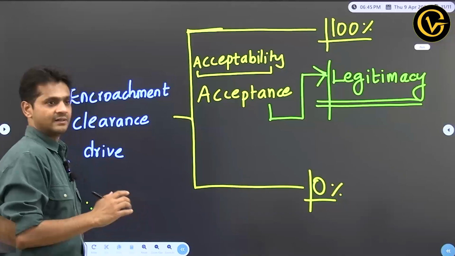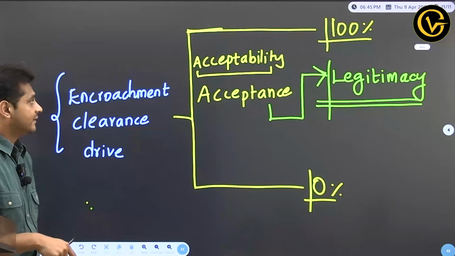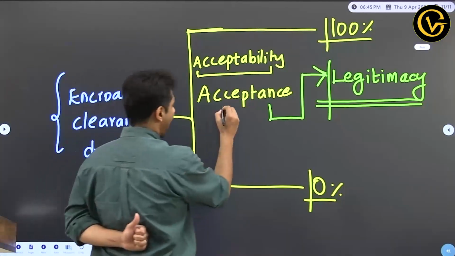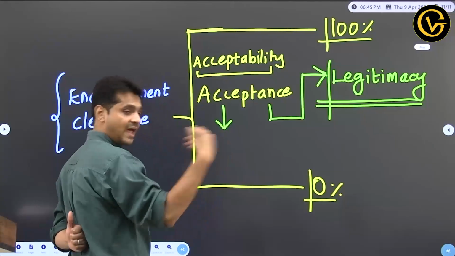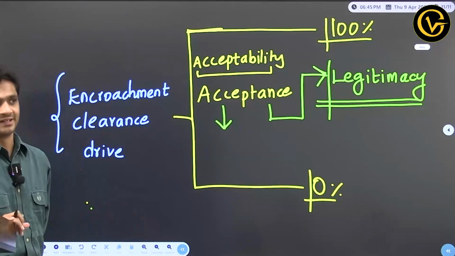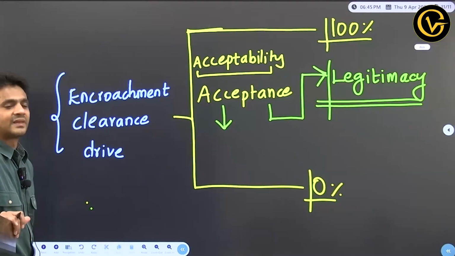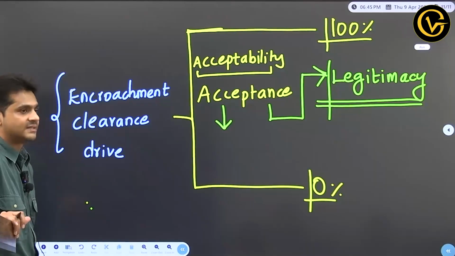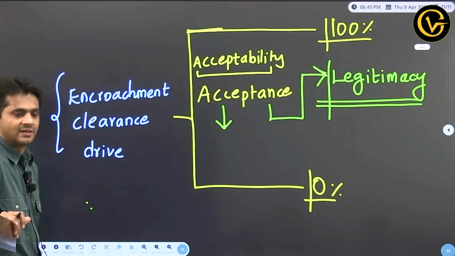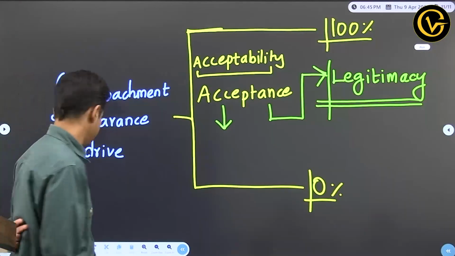Legitimacy means it's not just authority. The authority also has acceptance, meaning people are happy with the authority. Then it becomes legitimacy. So understood that difference between power, authority and legitimacy?